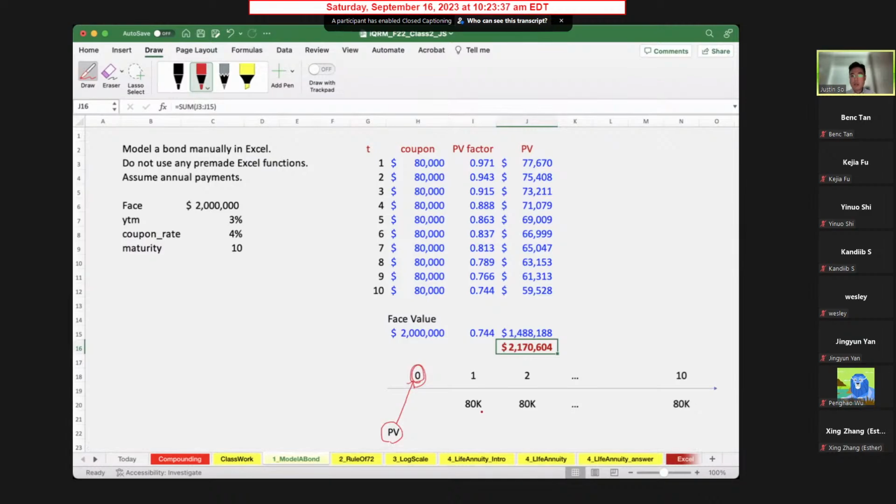But you've got to check the cash flows here: time 1, 2, all the way to 10, 80K plus the principal, the face value. This is not a future value. The face value also needs to be considered. That's good practice.